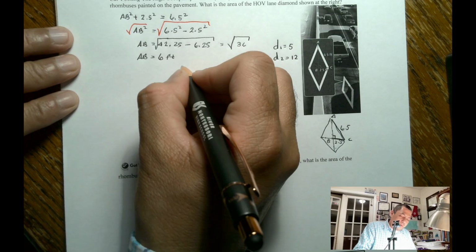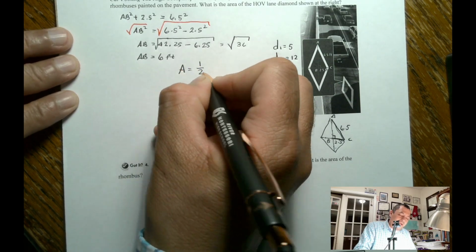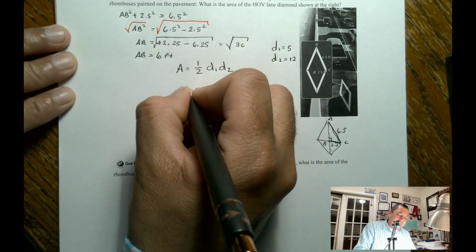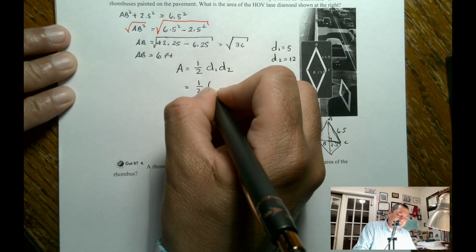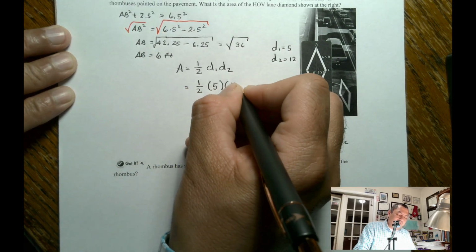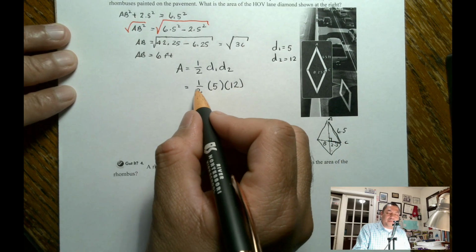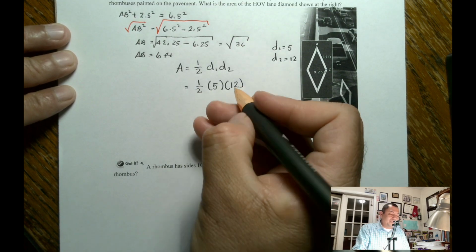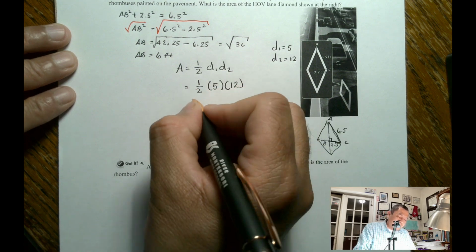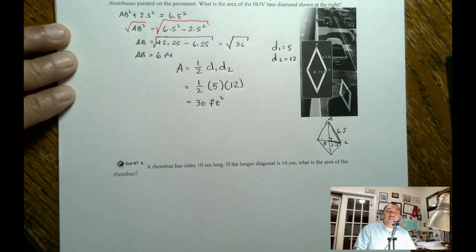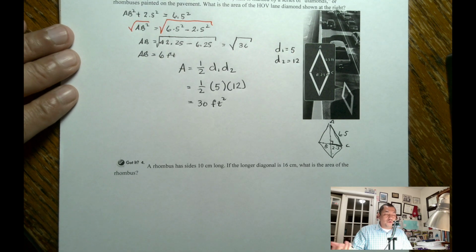Now I'm going to use the formula. Area is equal to 1/2 diagonal 1 times diagonal 2, which is 1/2 times 5 times 12, and it's up to you what you want to do. 12 divided by 2, or 12 times 1/2, is 6, times 5 equals 30 square feet. Answer the question.